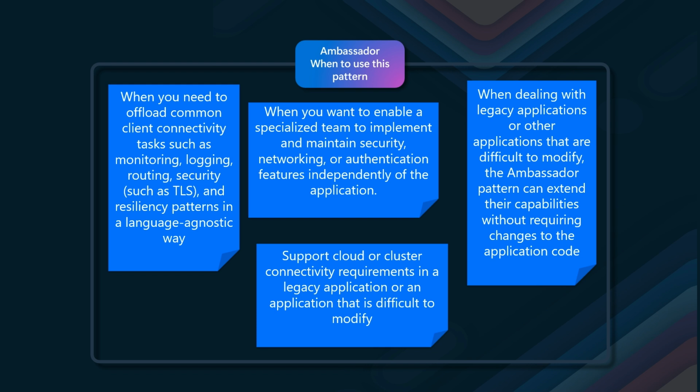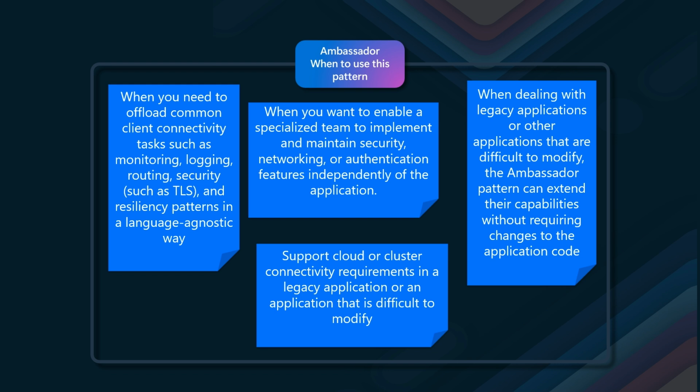The ambassador pattern should be used in the following scenarios where you want to offload common client connectivity tasks. So when you want to offload common client connectivity tasks such as monitoring, logging, routing, security such as TLS, and resiliency patterns in a language agnostic way. Legacy applications.